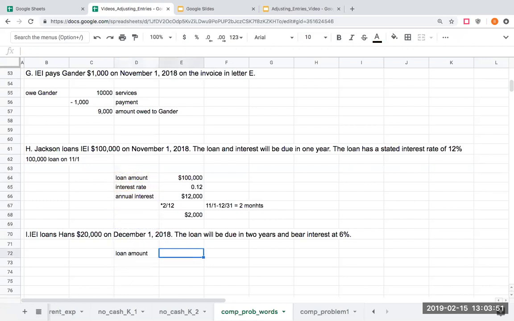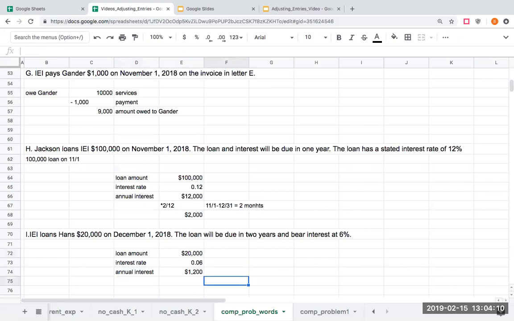So here, the loan amount is $20,000. The interest rate is 6%. So the annual interest is $20,000 times 6%, or $1,200.